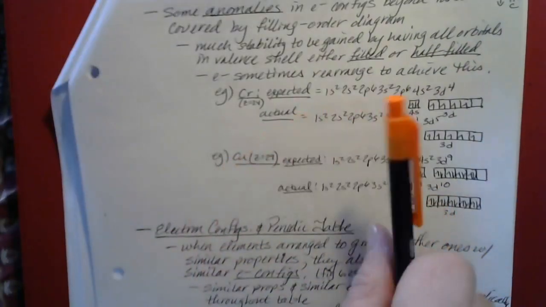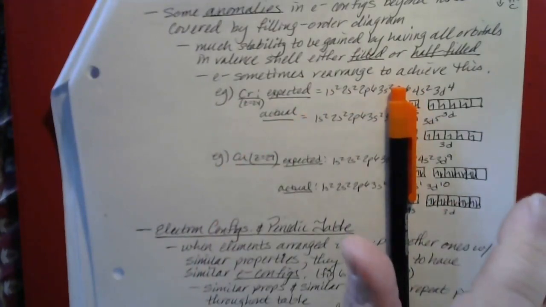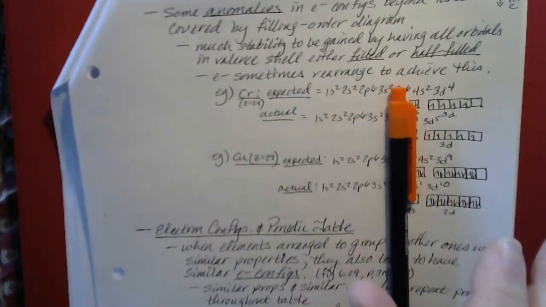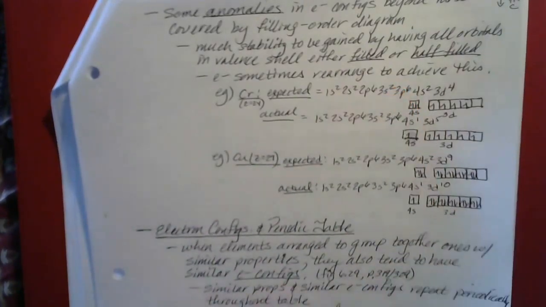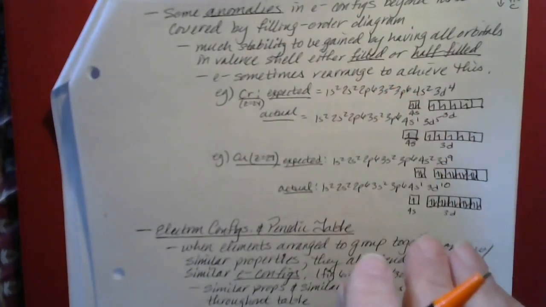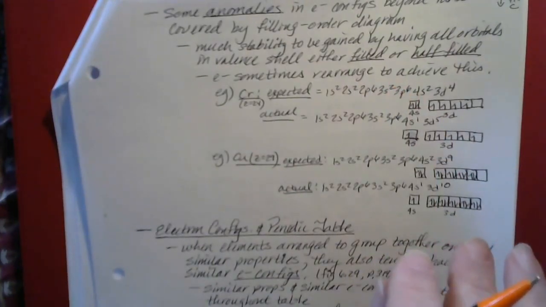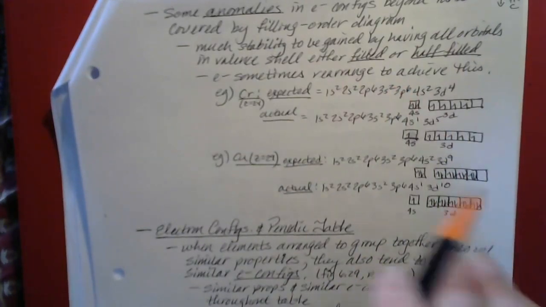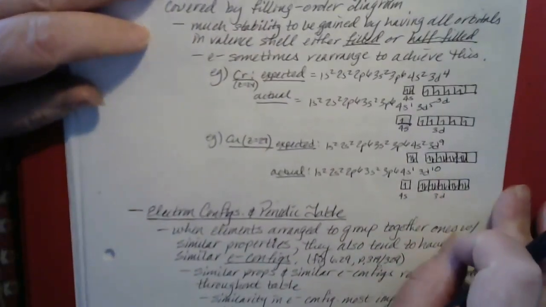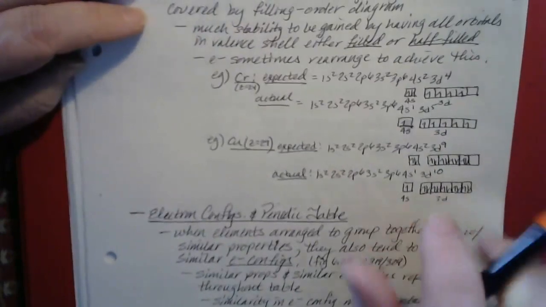It takes a certain amount of energy to move the electrons around, of course, but the amount of energy that you gain in stabilization basically cancels out the amount of energy you have to put in order to move the electrons around. So it happens spontaneously, and you end up finding a somewhat different electron configuration in real life than you would expect based on theory.